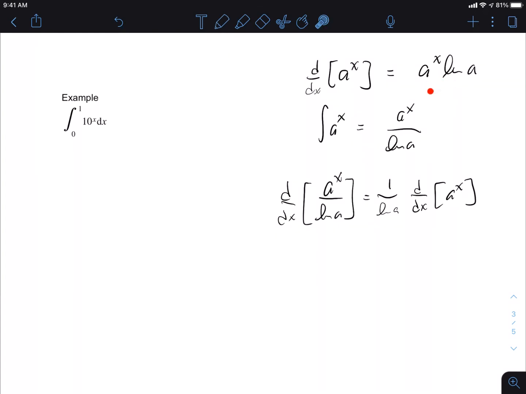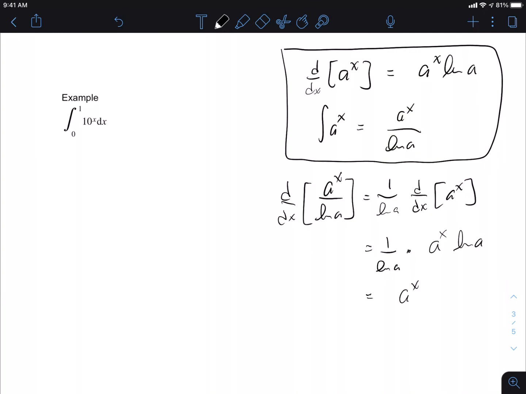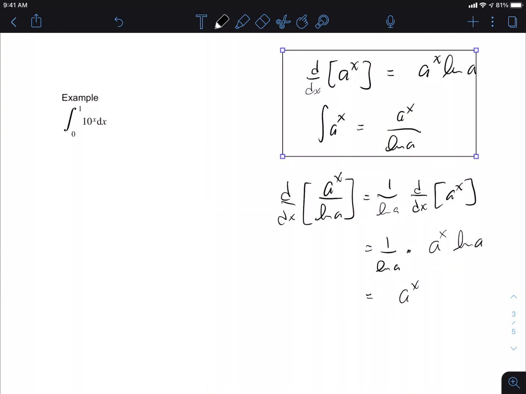Isn't it this? So I'm going to get 1 over ln of a times a to the x ln of a. Well, what's going to happen to the ln of a's? They're going to cancel. And I get a to the x. So, these are two things you should know.